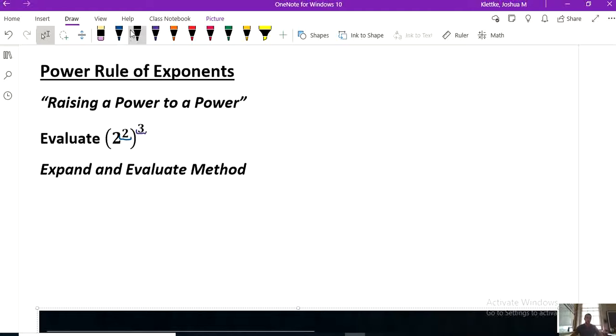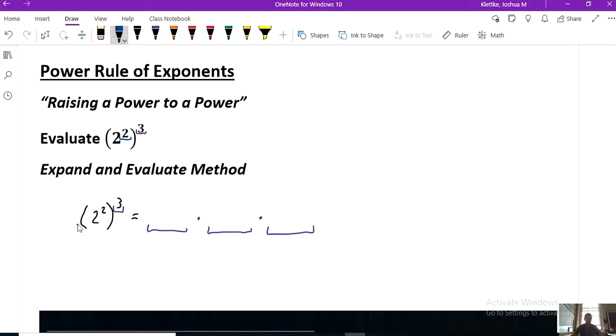To expand and evaluate this, we have 2 to the second raised to the third. I see how we have an exponent of 3 on the outside. So just like I'm used to doing, I'm going to put 1, 2, 3 spaces.